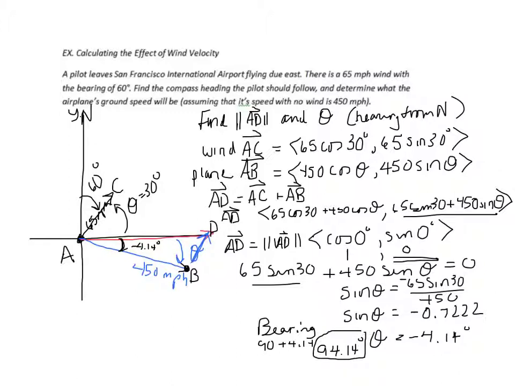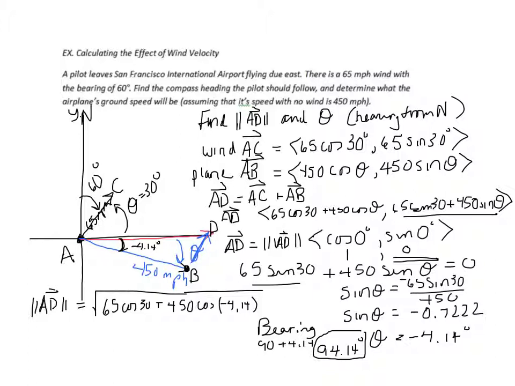One last thing is now I have to find the magnitude of the vector. The second component of the vector that I'm drawing is going to be 0. So really I just need to find the magnitude of vector AD, which is just going to be the first component. It's going to be 65 cosine 30 plus 450 cosine of theta, which is negative 4.14.